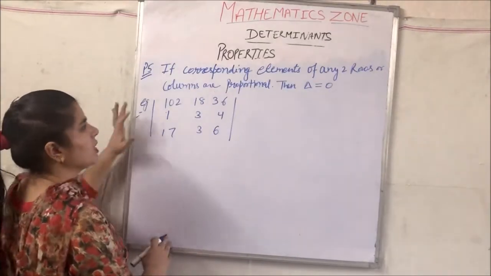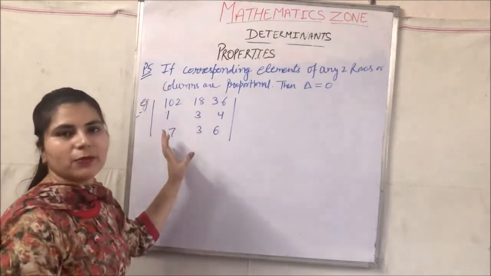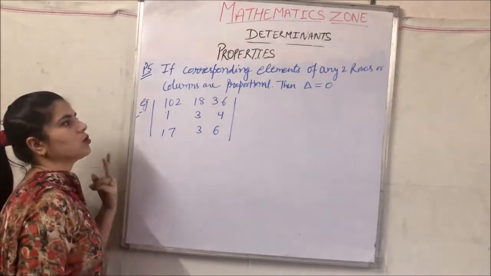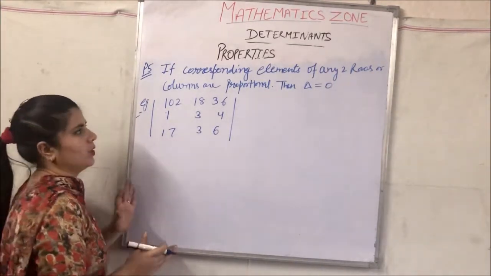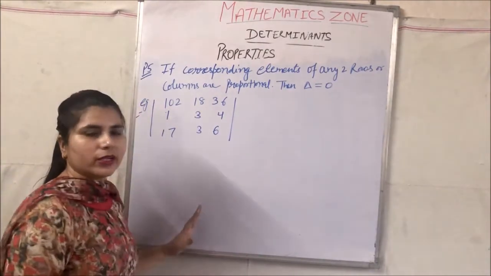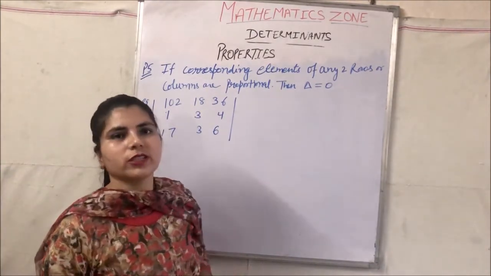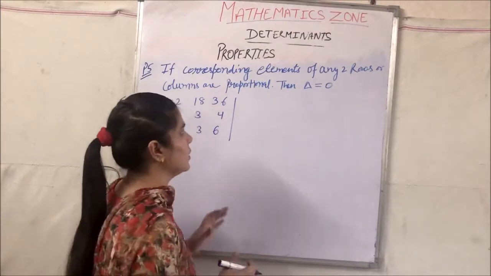In this property, if the corresponding elements of any two rows or columns are proportional, then their determinant will be 0. Now, we had already done the chapter ratio and proportion in the lower classes. Now, what do we mean by proportional?